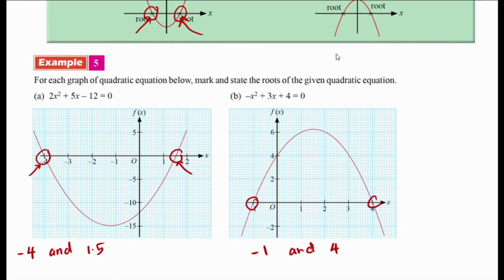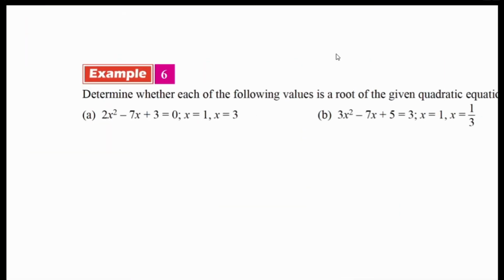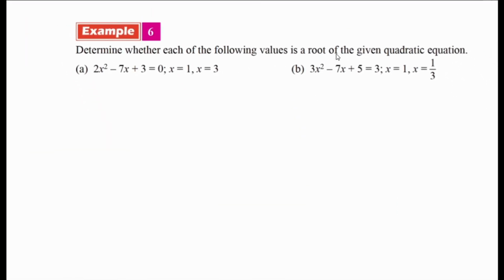So we basically have two roots. So first, you can use a graph to find the roots of the quadratic equation, by referring to the x-intercepts. Basically, the x-intercept is the root of the quadratic equation.